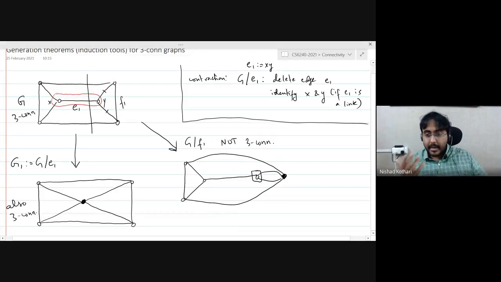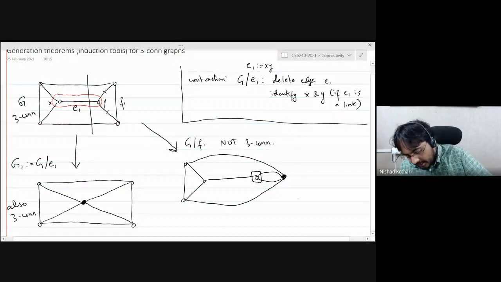So you might be tempted to think that whenever the graph is simple, it will be 3 connected, otherwise it will not be 3 connected. Right? It's fair to think that way, although it's not true. Let me give you an example where you get a parallel edge, but the graph is still 3 connected.